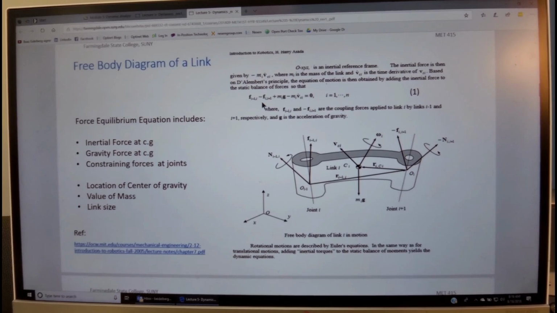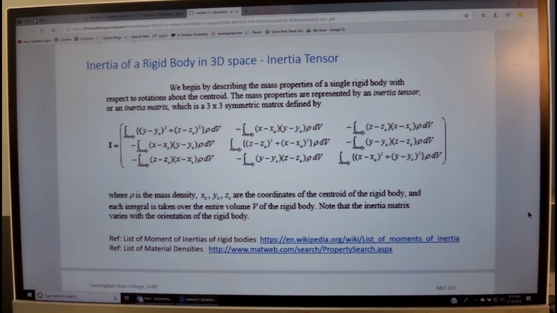Then we have the force of gravity, m times g. And then we have the inertial force, which is minus m times v dot, where v dot is the derivative of the velocity. And this is the summation of all forces acting on this link.